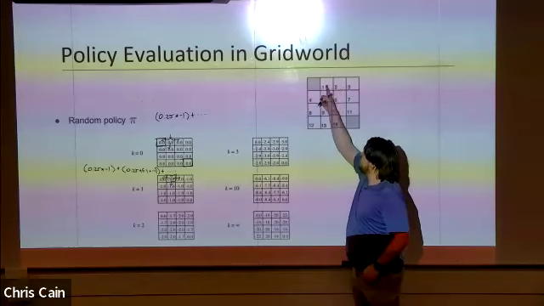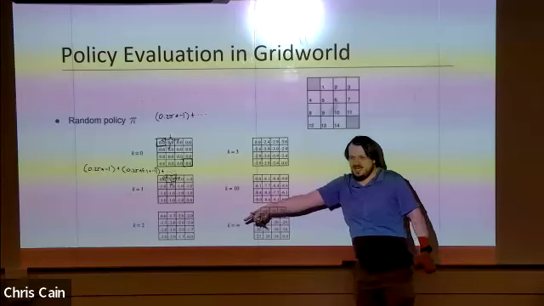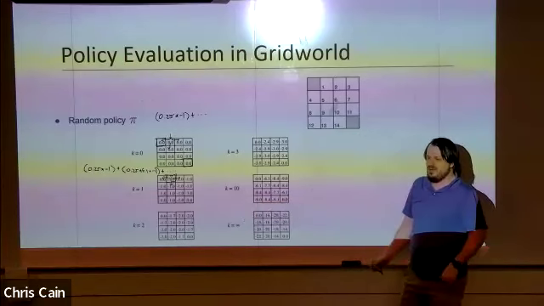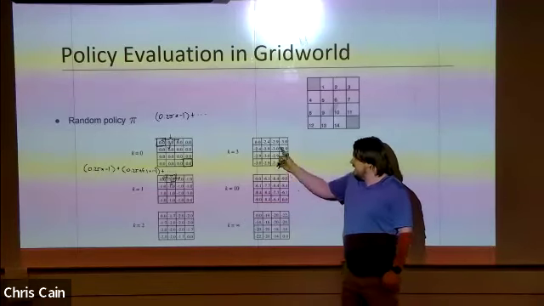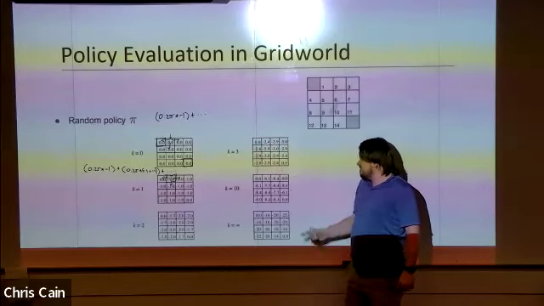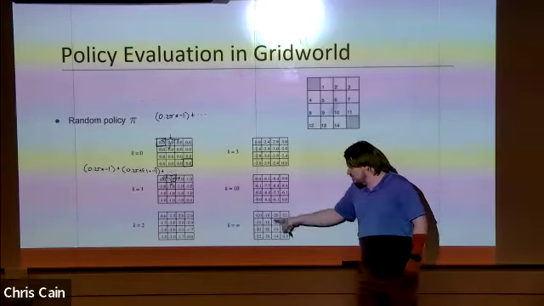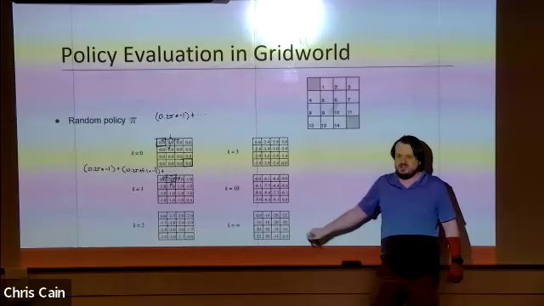Nothing here, it took 2 moves to get there, but we're still only looking 2 moves ahead. So it's going to start to get better from there. At time k equals 3, it's starting to look better, and eventually at k equals infinity, we start to converge on these values.